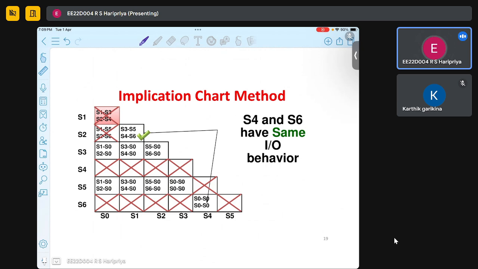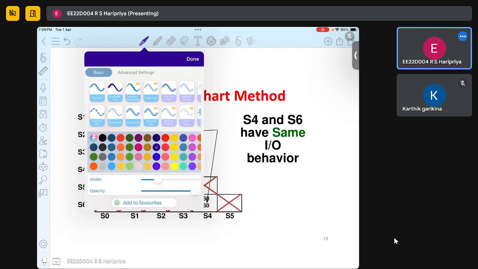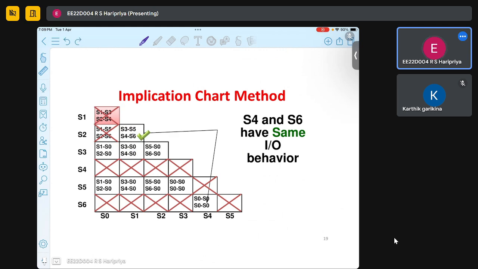If S3 and S5 are the same, this means S2. S4 and S6.